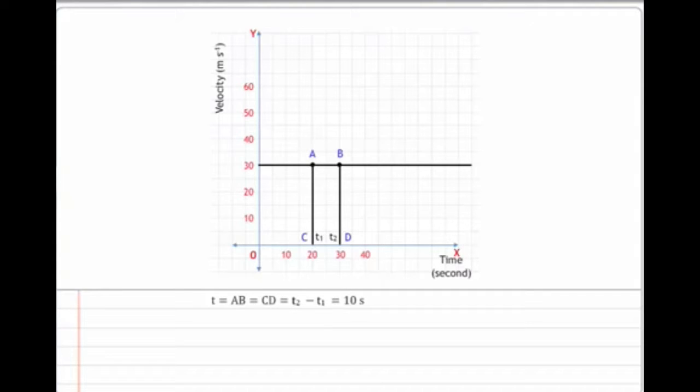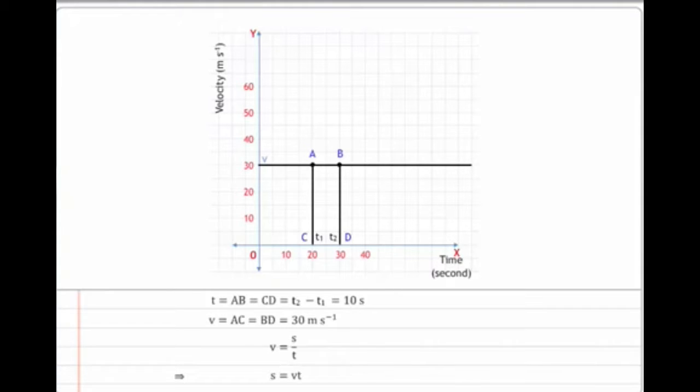Since the car is moving with a uniform velocity, the magnitude of its velocity is the same at all points on the graph. Velocity v is equal to AC is equal to BD is equal to 30 meters per second. By definition, the velocity of an object is the ratio of displacement to time.